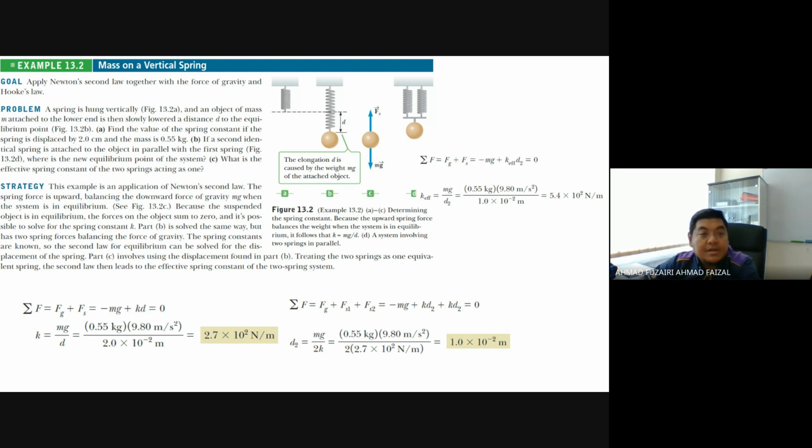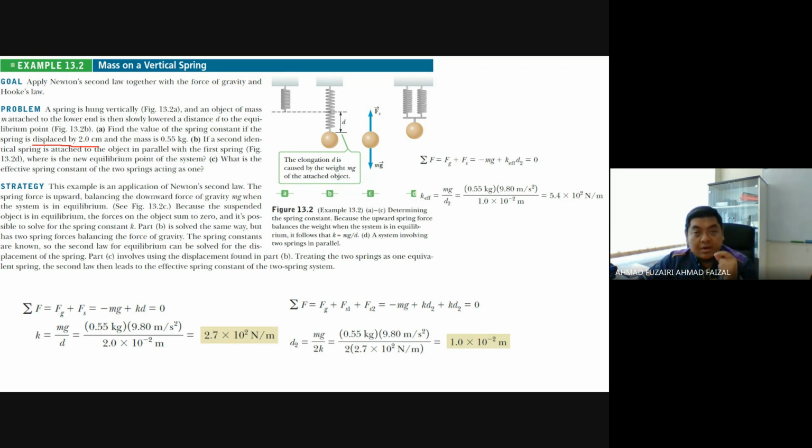Find the value of the spring constant if the spring is displaced by 2 centimeters. Displaced by 2 centimeters is where you have x equals 2 centimeters. We need to define that.